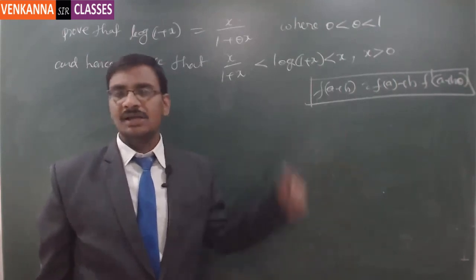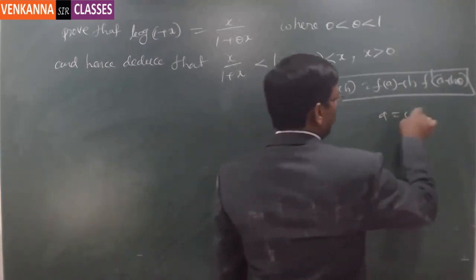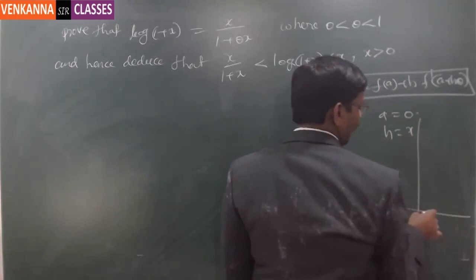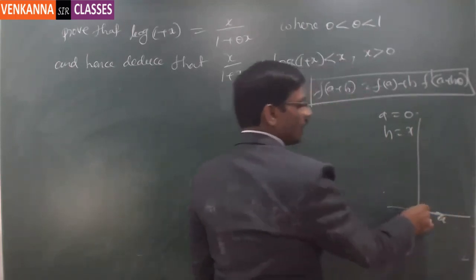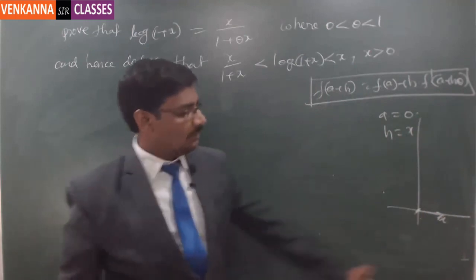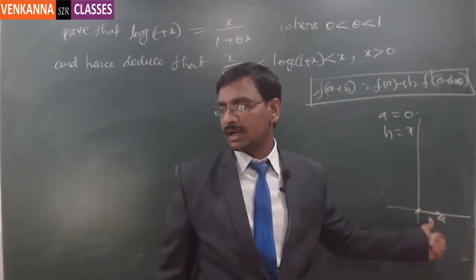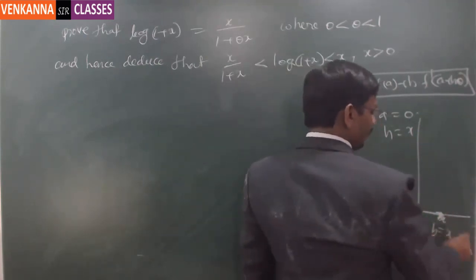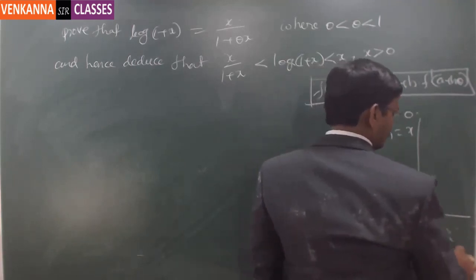So even at the Lagrange's mean value theorem also, you can assume a is equal to 0 and h is equal to x. So this is as if expanding within the range from 0 to x. So if you start from 0, then any value, if you are taking on left side or right side, it is always x, right? So obviously, if you take one more point, b is equal to x and a is equal to 0, obviously h is equal to b minus a is again equal to x.